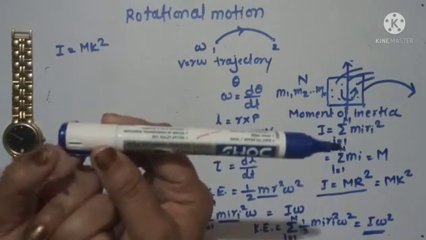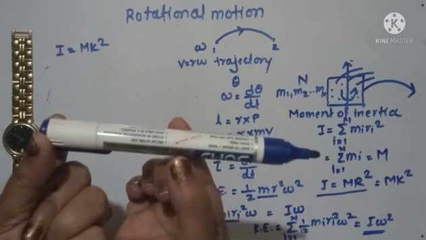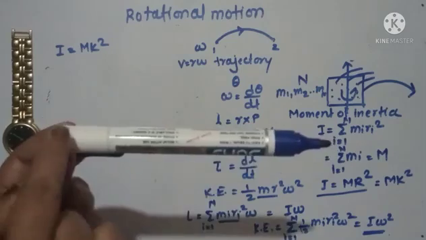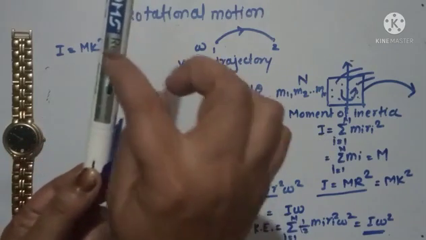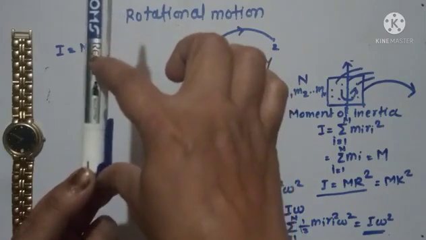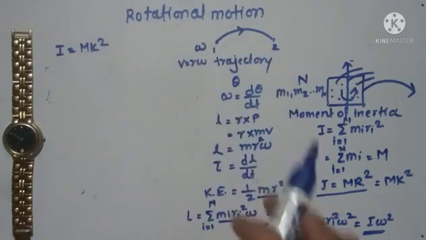But the whole mass of the body is supposed to be concentrated at this point. So the distance between the axis of the rotation and the point where the whole mass of the body is supposed to be concentrated is called the radius of gyration.